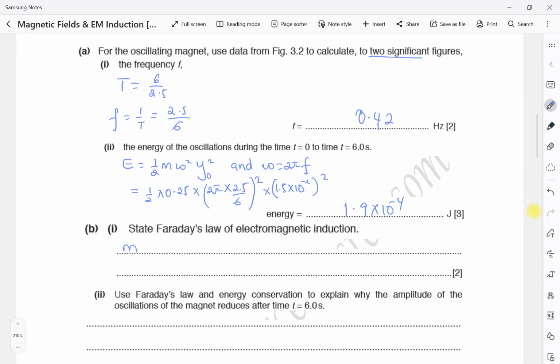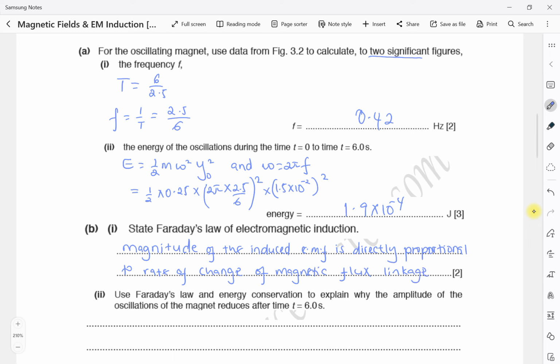So we say the magnitude of the induced EMF is directly proportional to the rate of change of magnetic flux linkage.